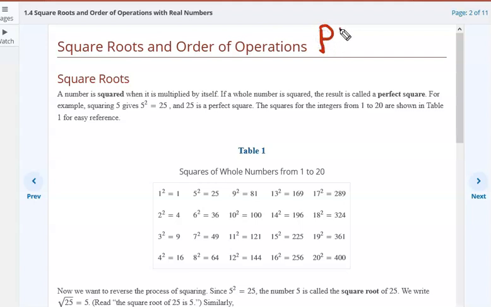P, please. E, excuse. M, my. Dear Aunt Sally. Well, this is an acronym, and what it stands for, the P is parentheses or grouping symbols. E, exponents.